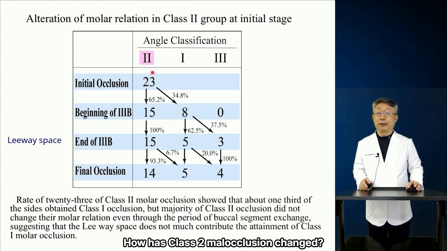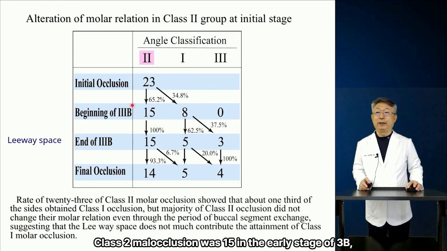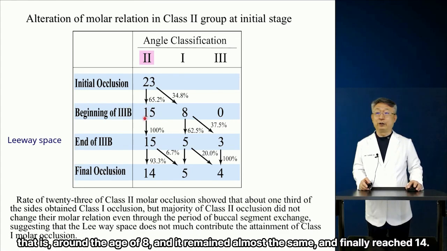How has class 2 malocclusion changed? Class 2 malocclusion was first class 1 or 2. Class 2 malocclusion was 15 in the early stage of 3. That is, around the age of 8, and it remained almost the same, and finally reached 14.